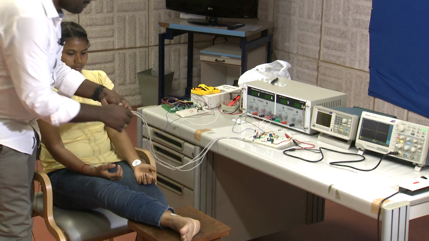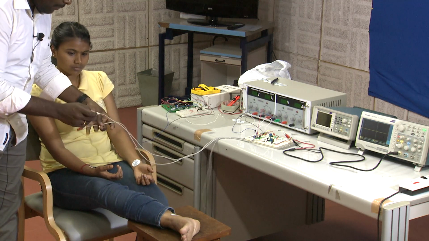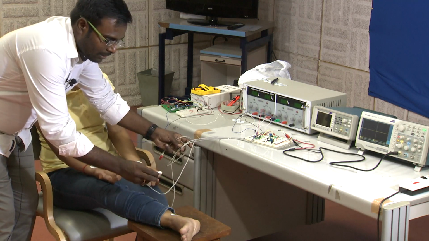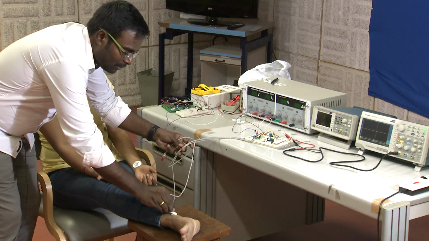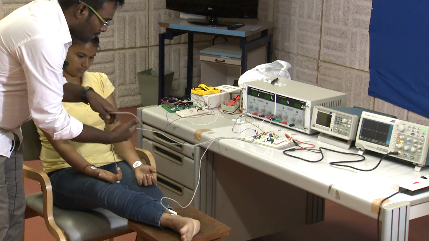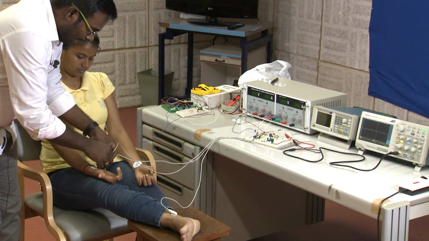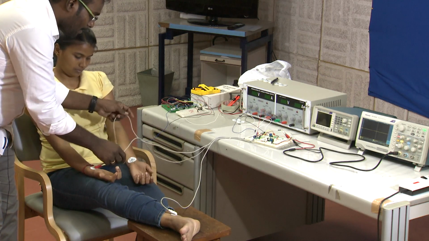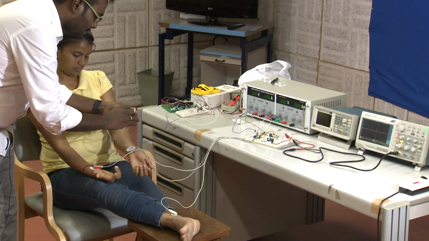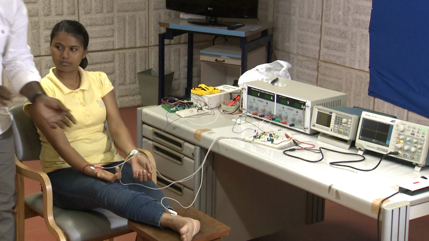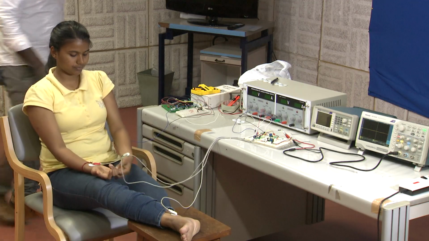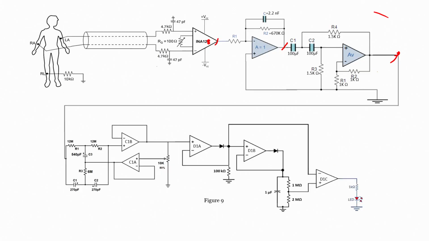One I will connect to the reference point, to the leg, one I will connect to the right arm, and the other one I will connect to the left arm. I just made the connections in the circuitry as well. At this point one we will connect to the positive terminal, right, and the other one to the negative terminal.